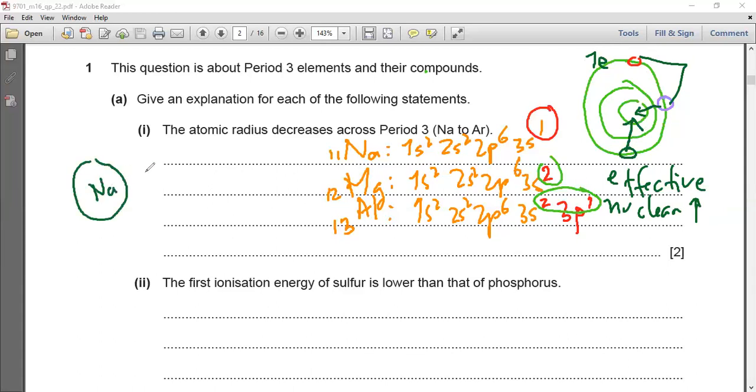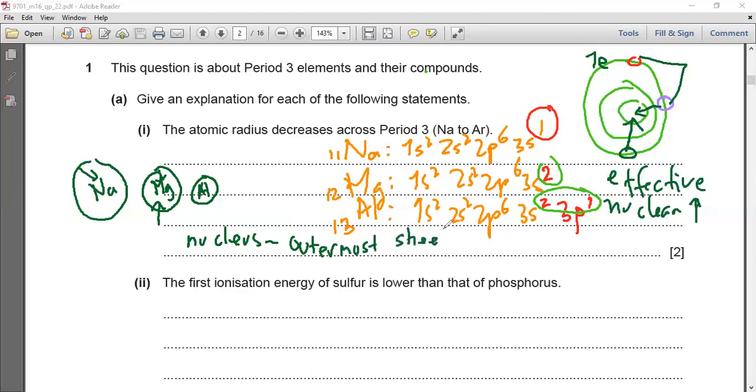That's why Na has a larger atomic radius compared to magnesium, and the smallest of these three examples is aluminium, because there is a stronger effective nuclear charge between the nucleus and the outermost shell electron.